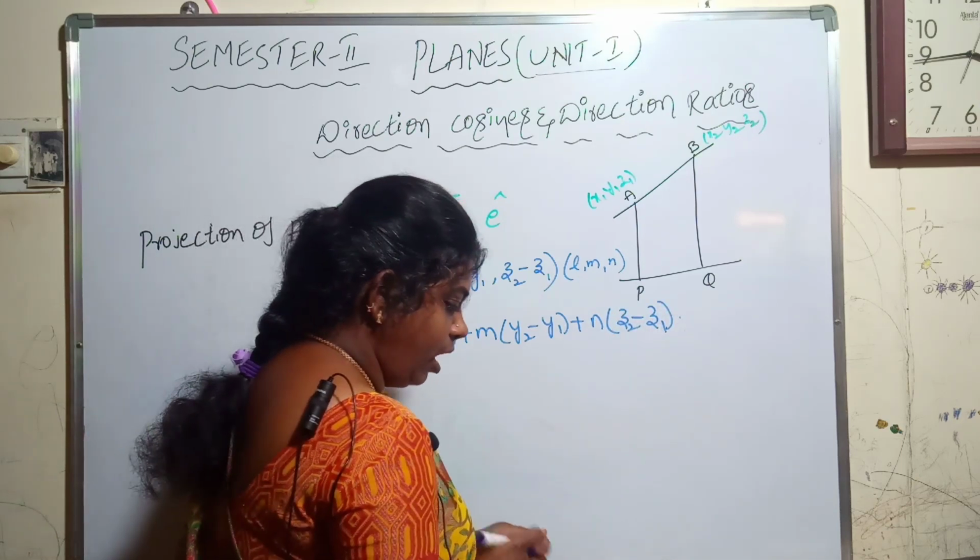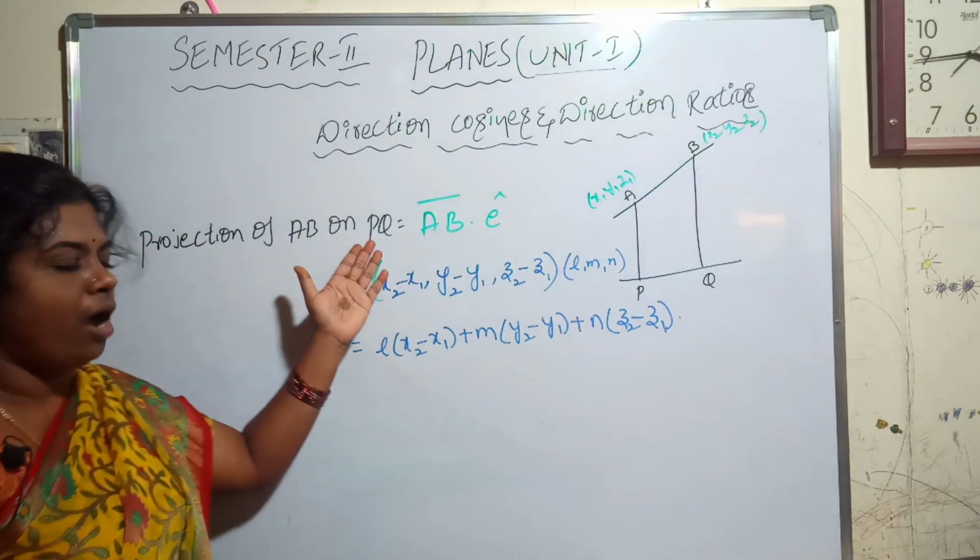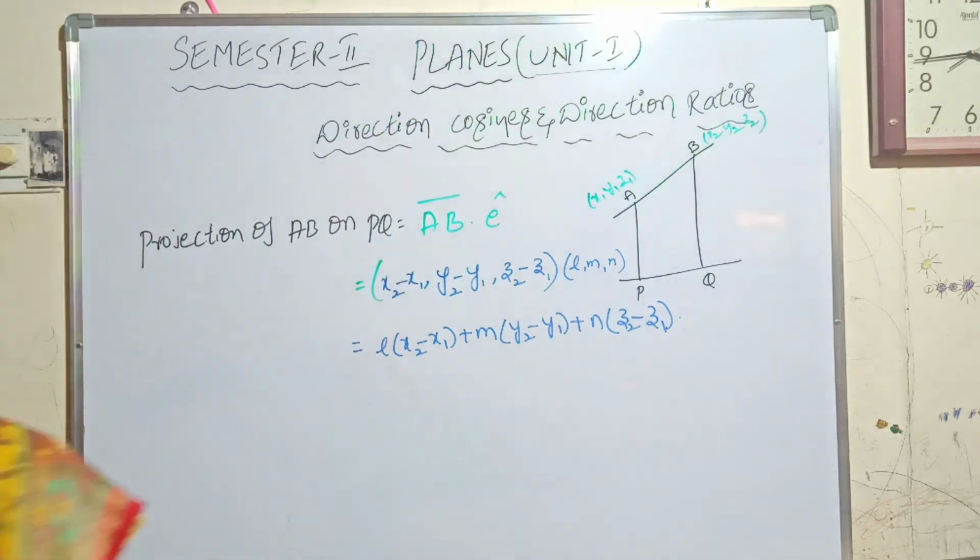This is called the projection of AB on PQ.